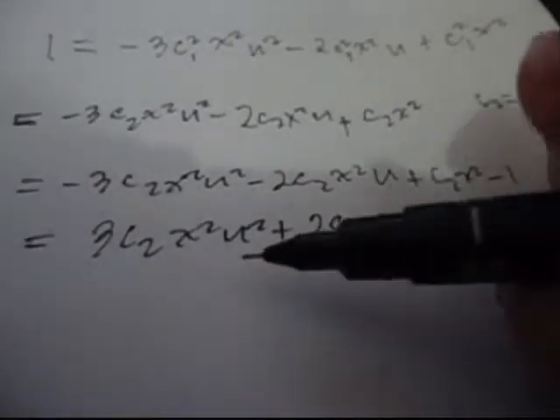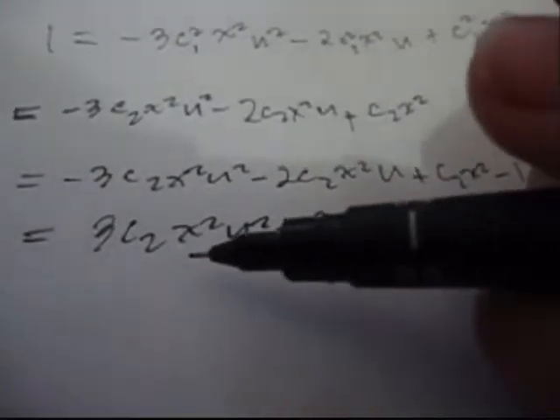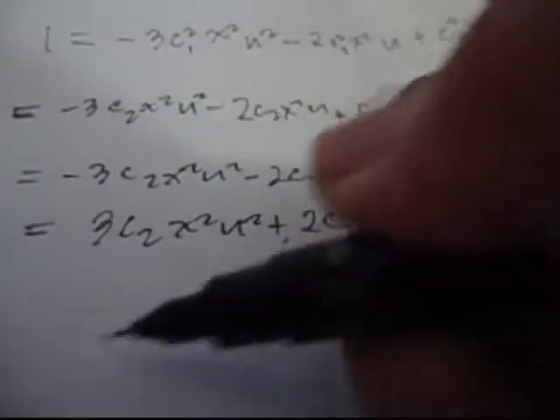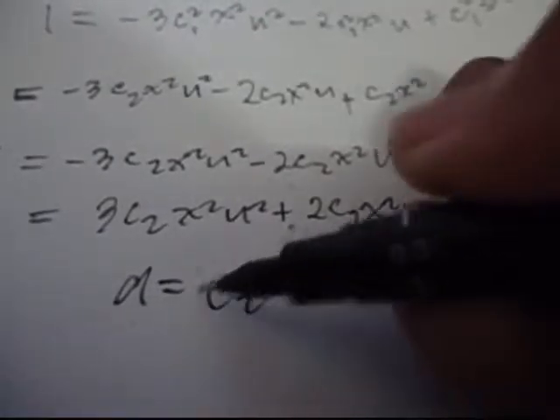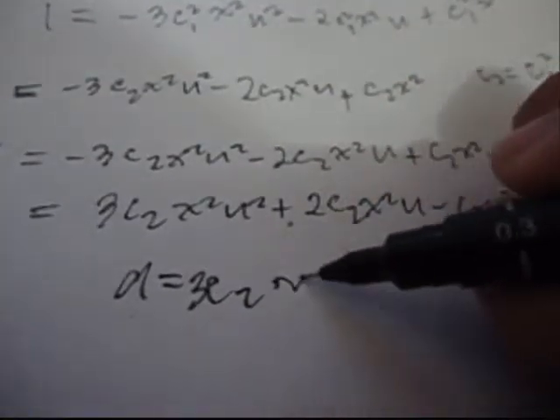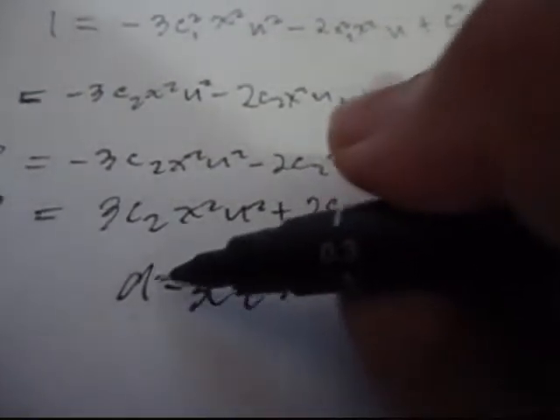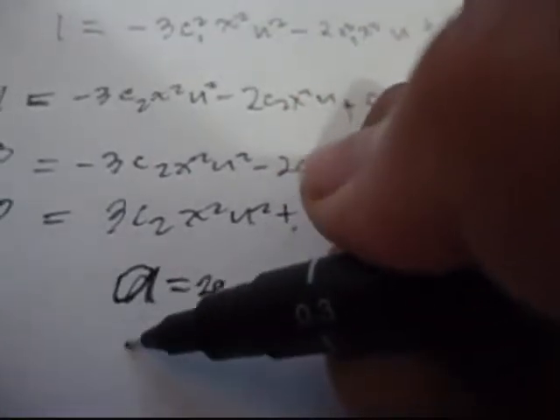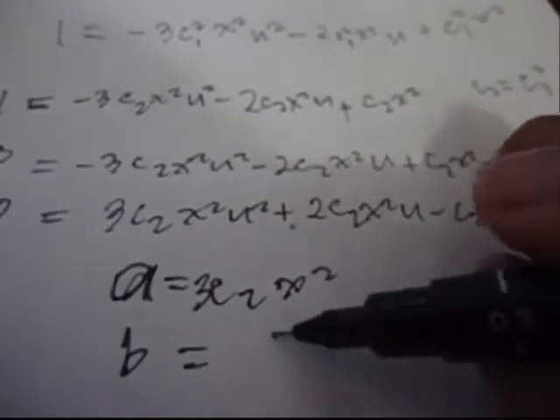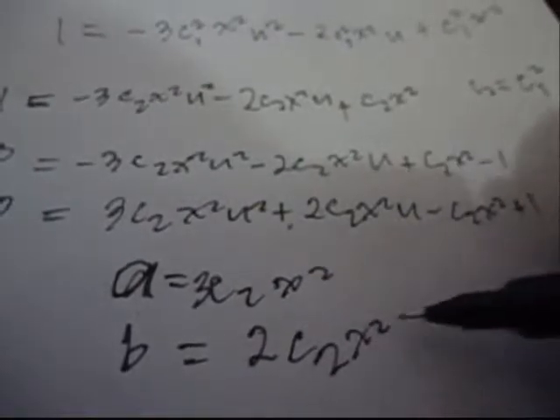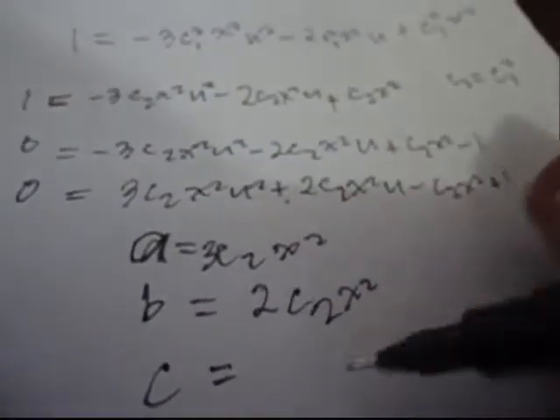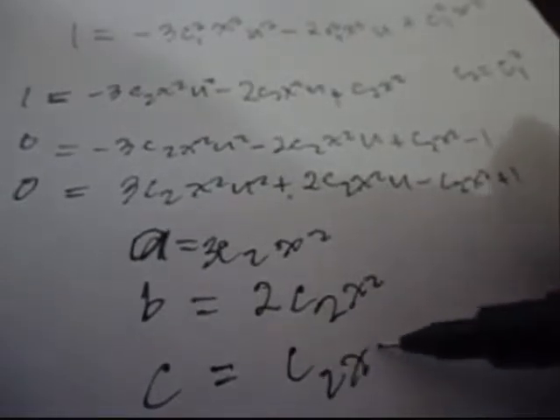If we let a equal 3c2x squared, and b equal 2c2x squared, and c equal negative c2x squared plus 1.